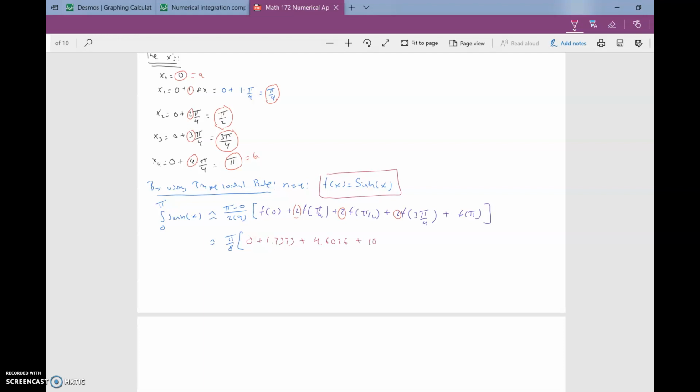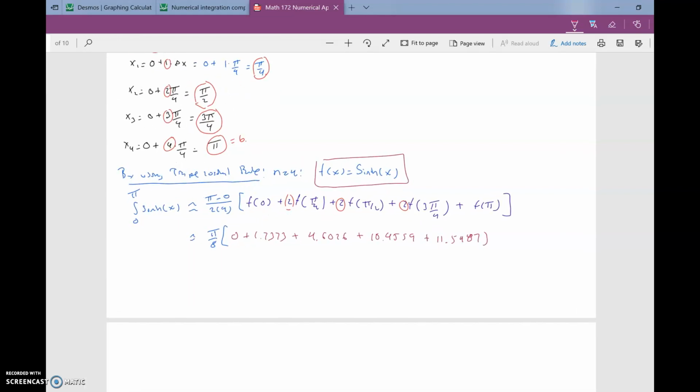It's going to be 10.4559 plus a regular sinh of pi. So this is 11.5487.